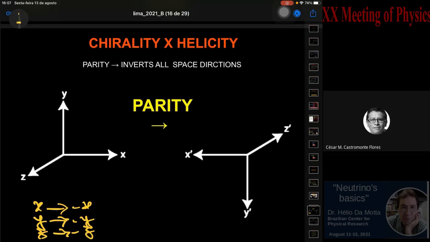Okay, I have another system. Now, look at the system here. If I apply the same operation and rotate x toward y, remember this operation that you do with vector analysis. If you rotate x toward y, we get in this direction here. See? So this is a right-hand system.